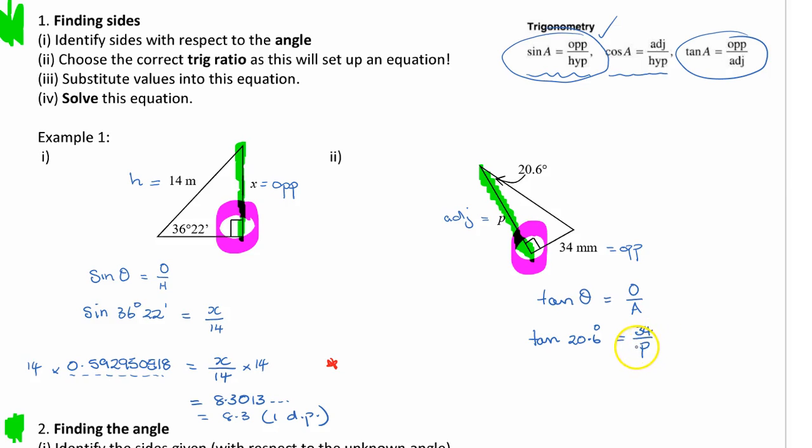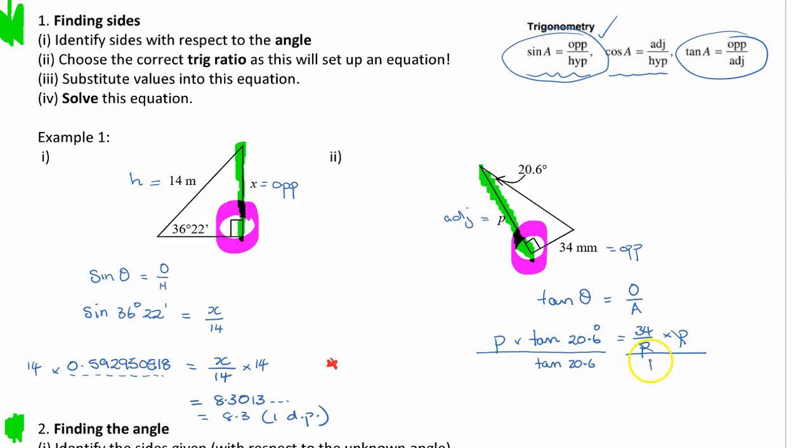We know algebraically that requires 2 steps. We multiply both sides by p, which creates p times tan 20.6 degrees. Now to get the p by itself, we have to divide by tan of 20.6.